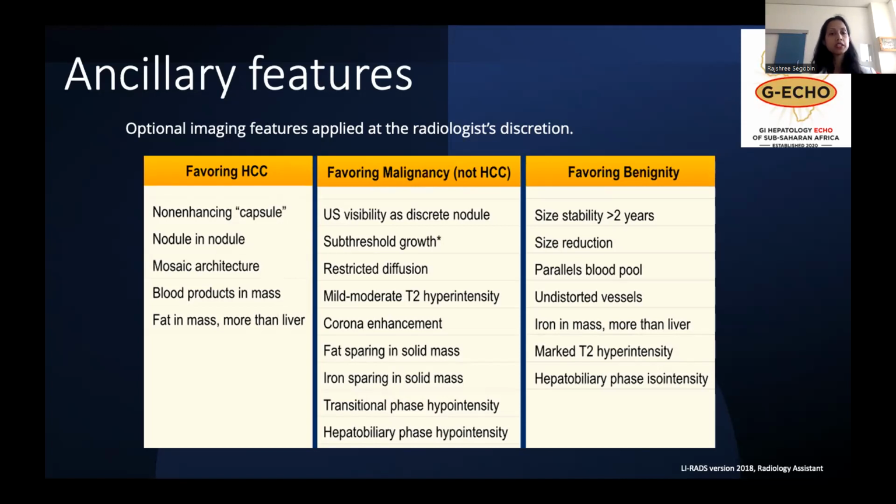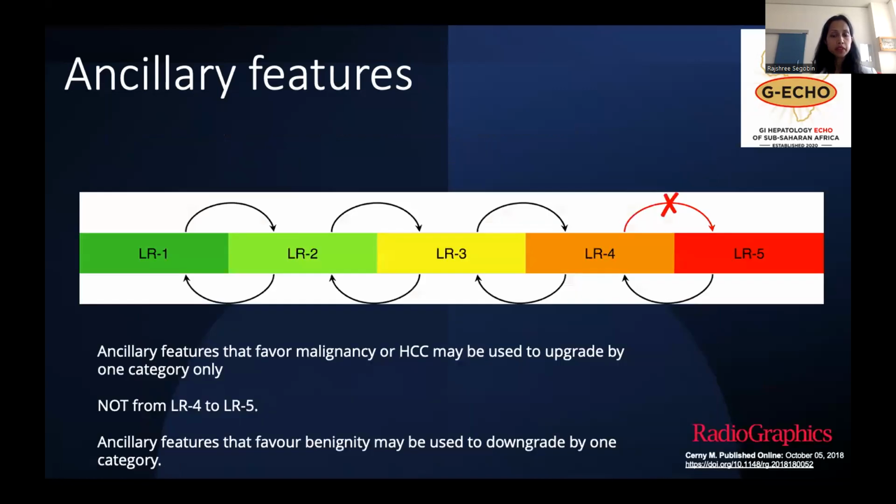What I mean to say is that if any of these features are seen, these would favor an HCC, and you can bump up a lesion, for instance, from a LIRADS 3 to a LIRADS 4, but LIRADS specifically mentions that a lesion cannot be upgraded from LIRADS 4 to LIRADS 5 based on the presence of either of these. A summary of this would be this diagram.